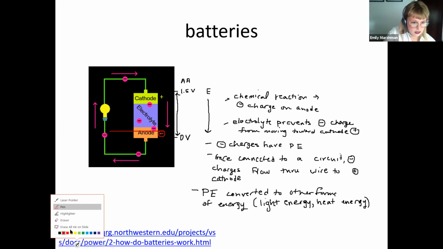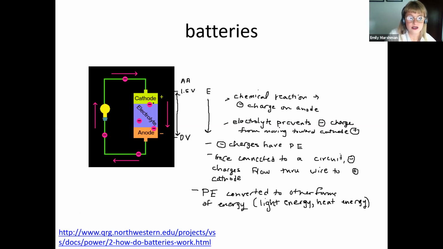It forces the negative charge in this electrolyte to float down towards the anode. How it does that, ask your chemistry teacher. But it's just a chemical reaction, that's what happens.